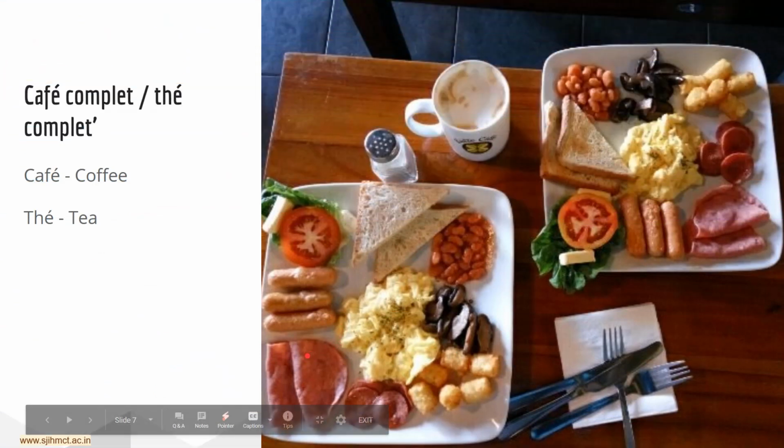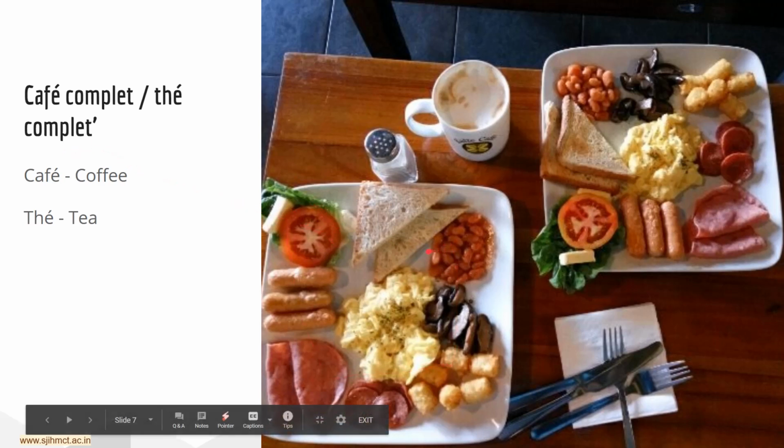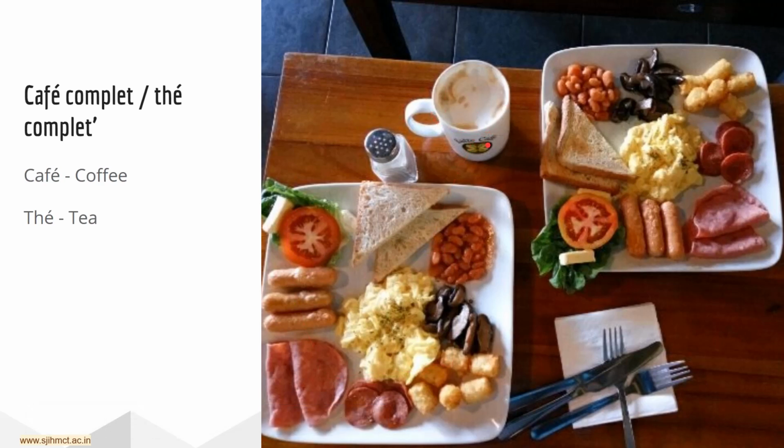The first category of breakfast that we are looking at is called café complet or thé complet. Here, café means coffee, thé means tea, and complet means complete. Hence, this is a breakfast meal which is complete with a meal served along with a coffee or a tea.